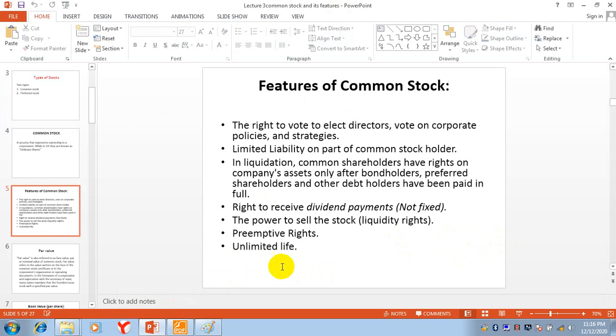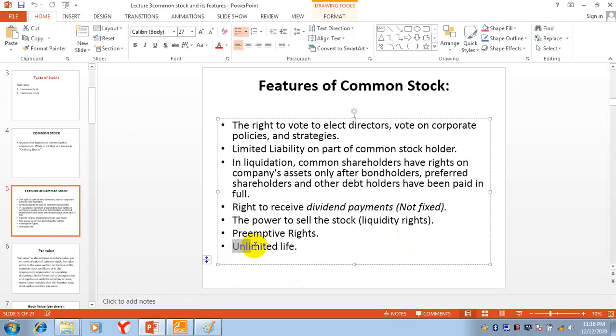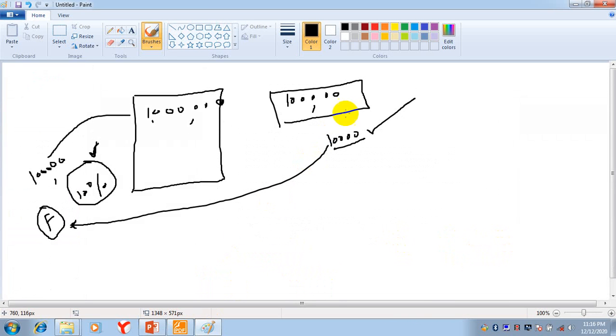And the next thing is that the shares' life is unlimited. What does it mean? It means that the shares you purchased, 1 lakh shares, their life is unlimited. Their life is equal to the life of the company. If you're not interested in these 1 lakh shares, you can sell them to someone else.